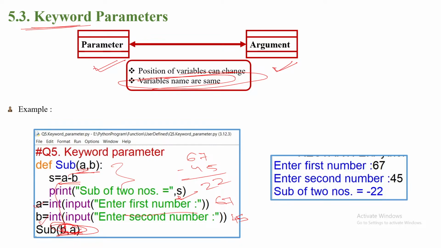So now b value is, what is that? B value is 45, a value is 67. Now a minus b, then 22, but here the value has changed. Okay, b minus a. So b minus a, what value will come? Minus 22, right?